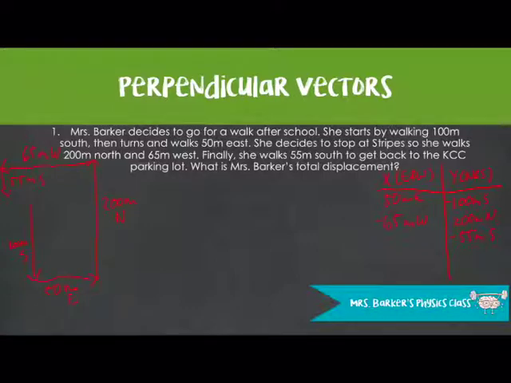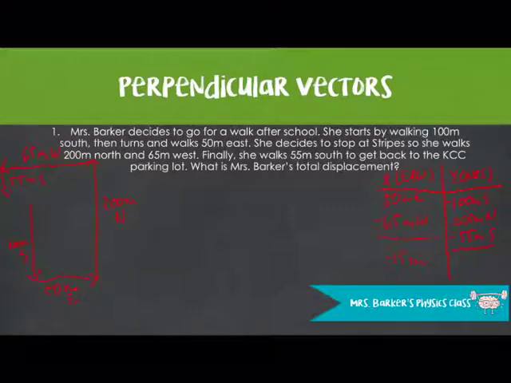So 50 minus 65, that's going to be negative 15 meters. Again, remember that all that negative sign does is tell us the direction.